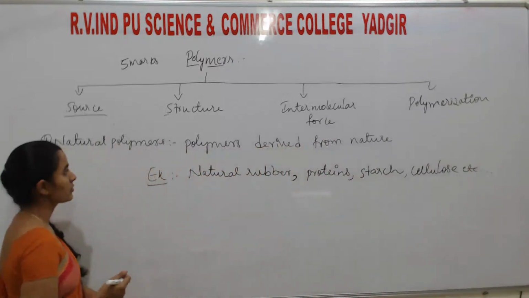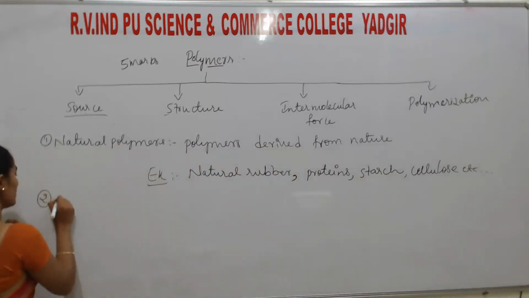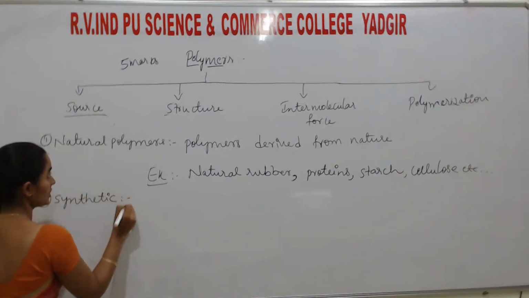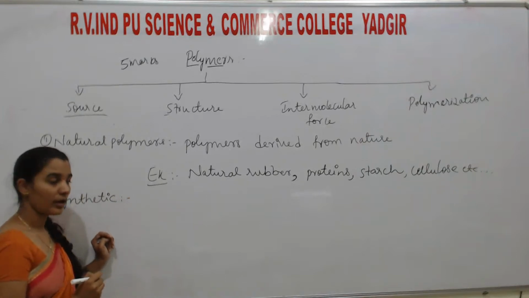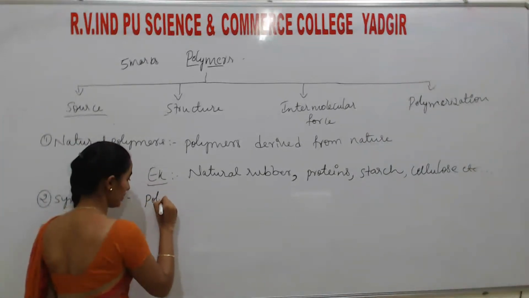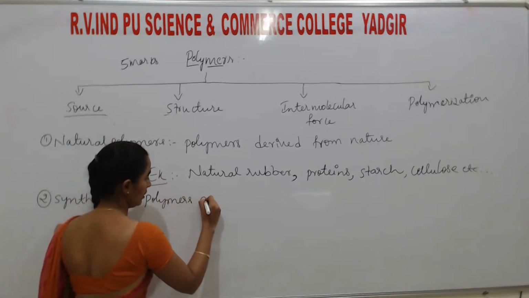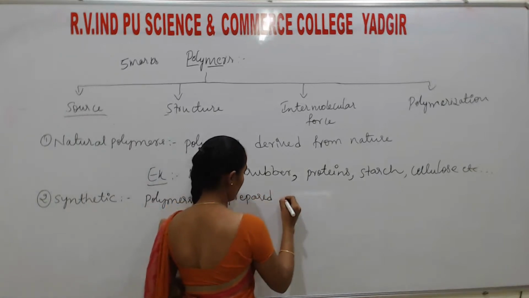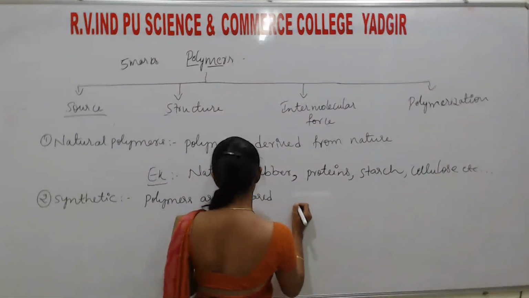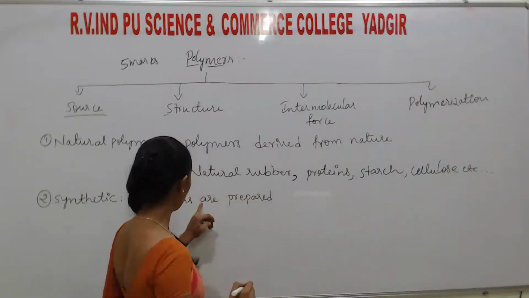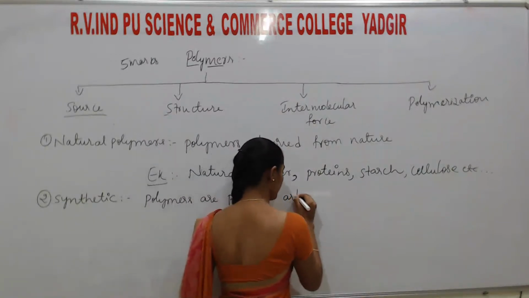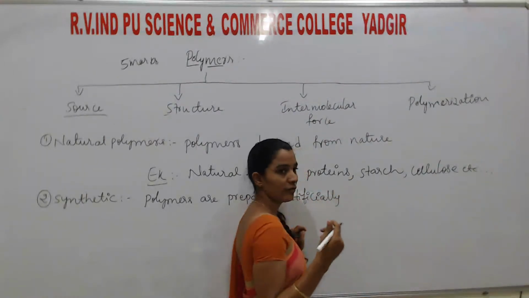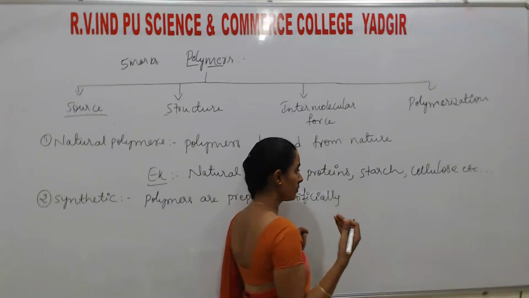This is natural. Next, the second one is synthetic. What does synthetic mean? The polymers which are prepared artificially, from industries or from labs.